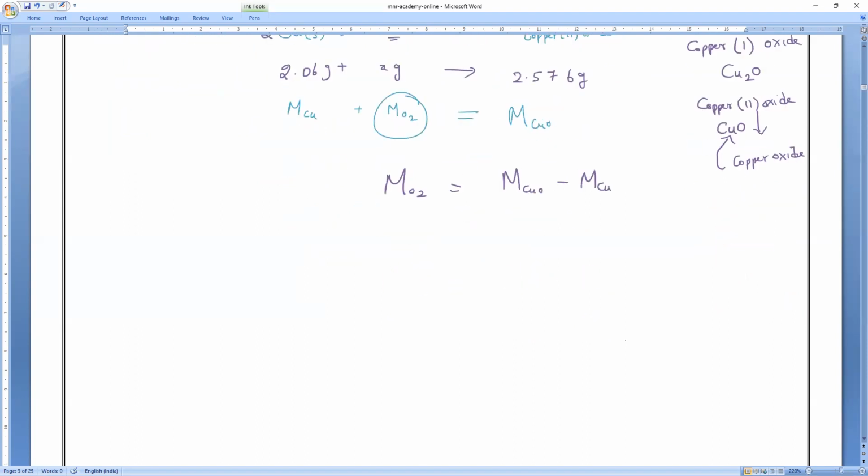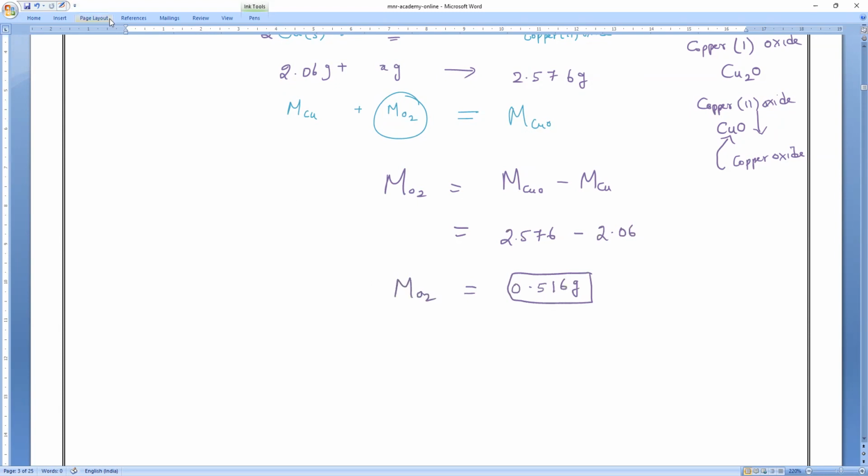Will you all agree with me? So mass of copper oxide is 2.576 minus mass of copper 2.06, which equals 0.516 grams. So this is the mass of oxygen.